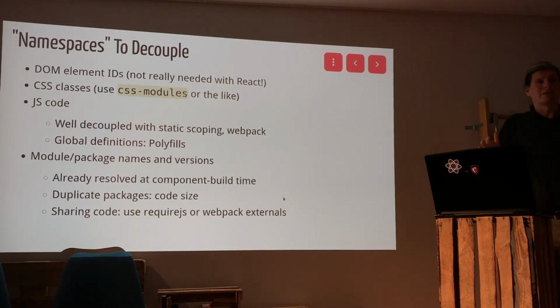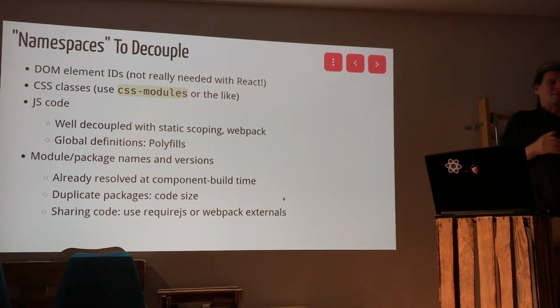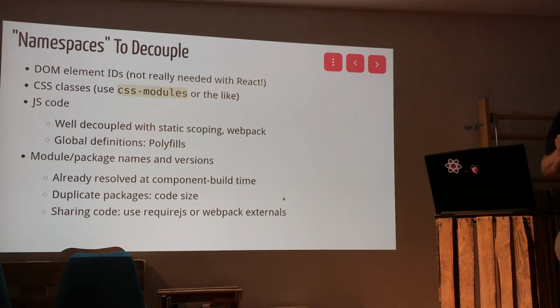We are living within a single document, and IDs live in a single namespace. Fortunately, we don't need IDs very often in React. If we were programming with jQuery, that would be needed a lot more frequently.